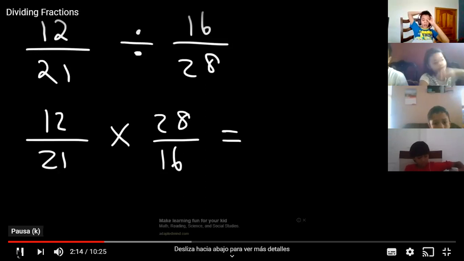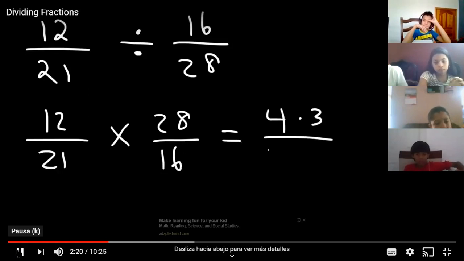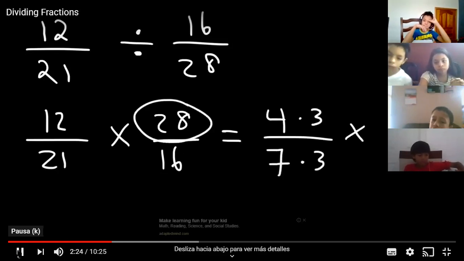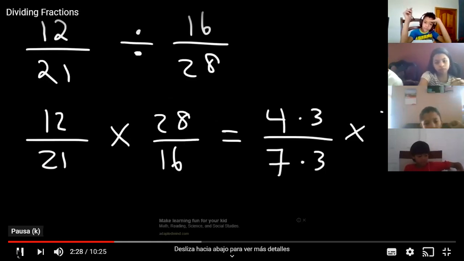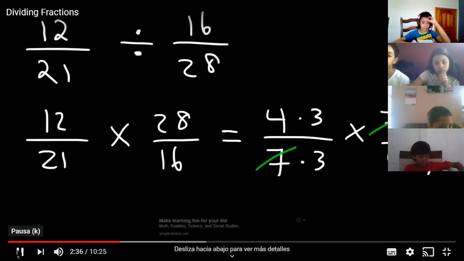We can rewrite 12 as 4 times 3. And 21, that's basically 7 times 3. 28, we can rewrite that as 7 times 4. And 16 is 4 times 4. So we can cancel a 7, we can cancel the 3, we can cancel a 4, and we can cancel another 4.